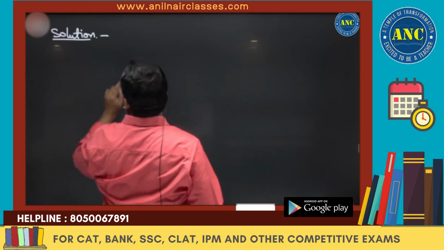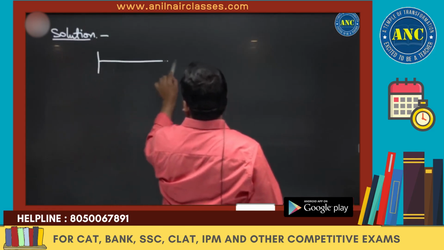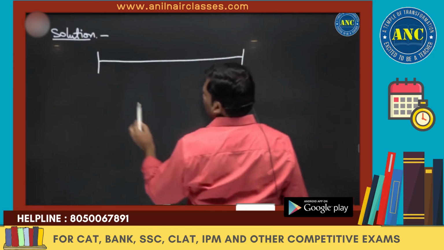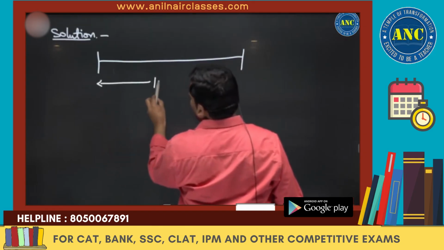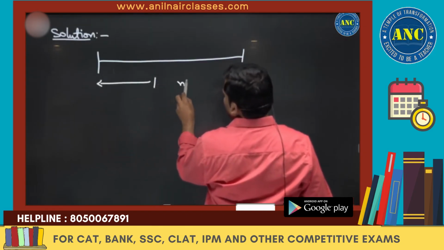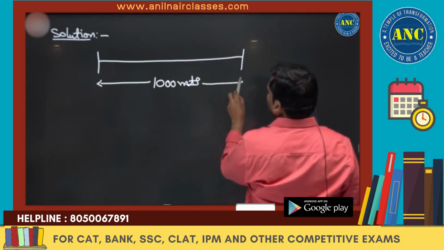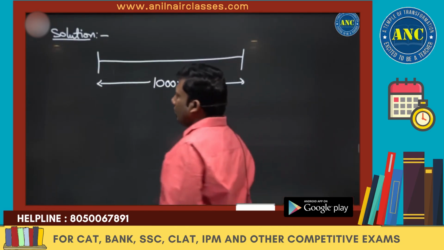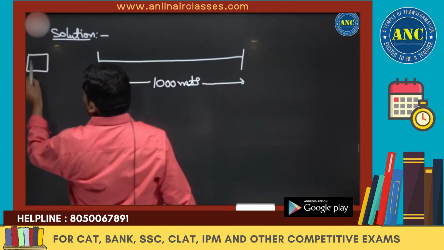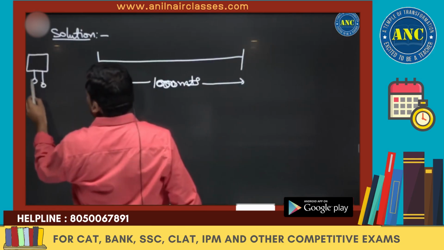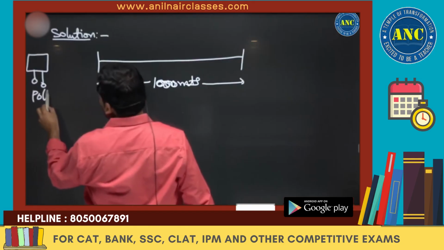Solution. See here, this is the bridge. The length of the bridge is given as 1000 meters. The police jeep is standing at some distance. This is a police jeep.